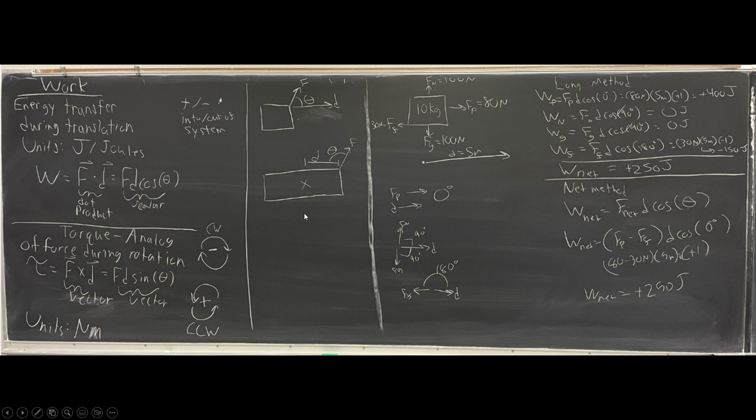To explain the difference between work and torque, this top example was force and displacement for translational motion, and this was for work. Now, this is an example of rotational motion. So we're looking at torque. This X marks our point of rotation. So our bar can rotate like this, about this point. Our force is being applied at the corner here.